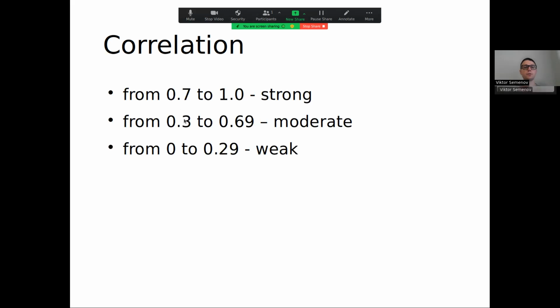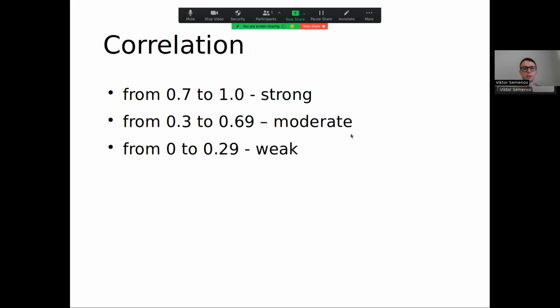If the correlation coefficient is from 0.3 to 0.69 or minus 0.3 to minus 0.69, this correlation will be called moderate. And if it is closer to 1, so above 0.7 and up to 1, or below minus 0.7 to -1, this correlation will be called strong.